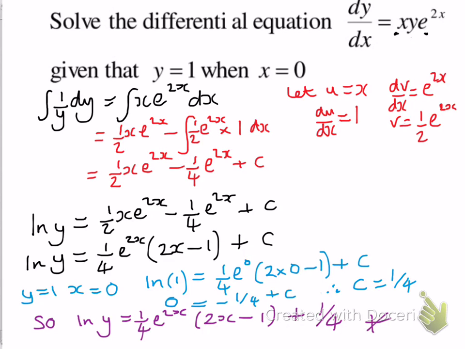Right, now that example is actually taken from the miscellaneous exercise 8, question 5. And you'll find some similar questions to that in the miscellaneous exercise, which you should do for practice for your exams.